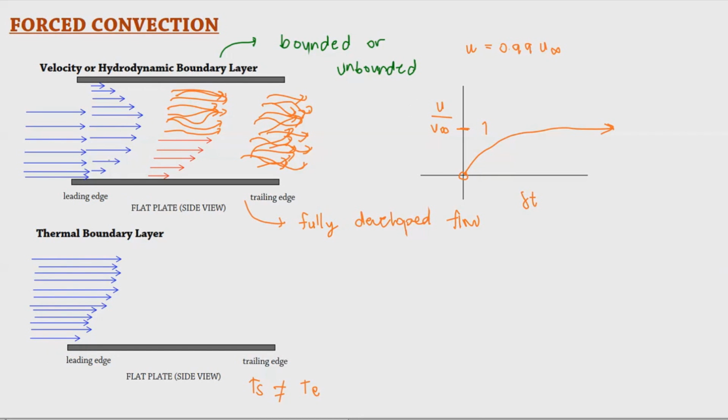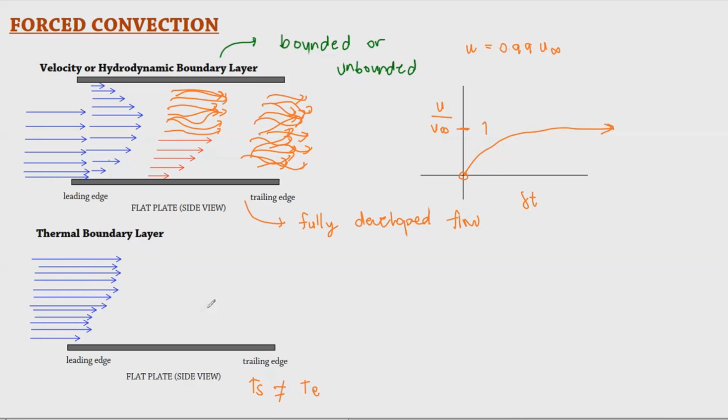Of course, the velocity boundary layer is already there since we have this boundary. But if Ts is not equal to Te, the temperature of the plate is not equal to the temperature of the fluid, we will have a thermal boundary layer.